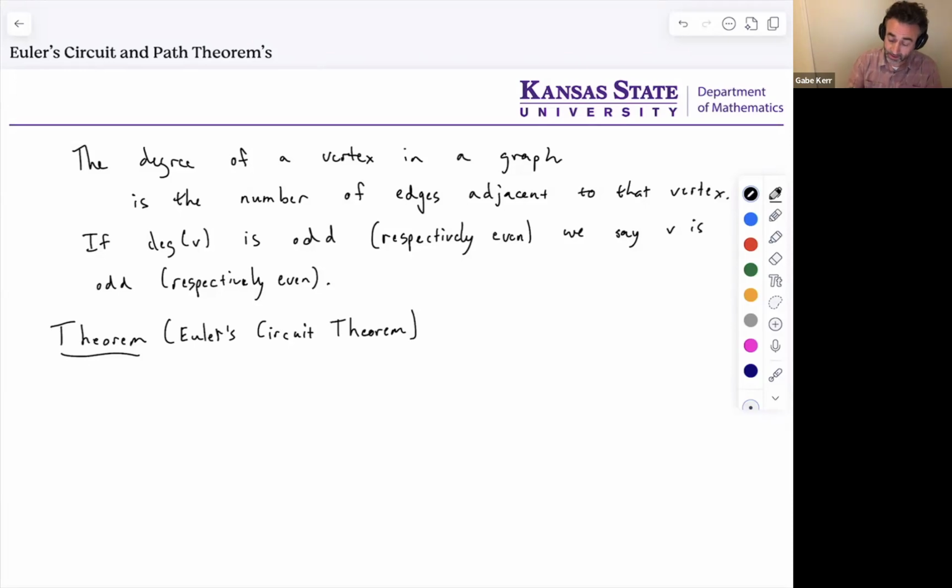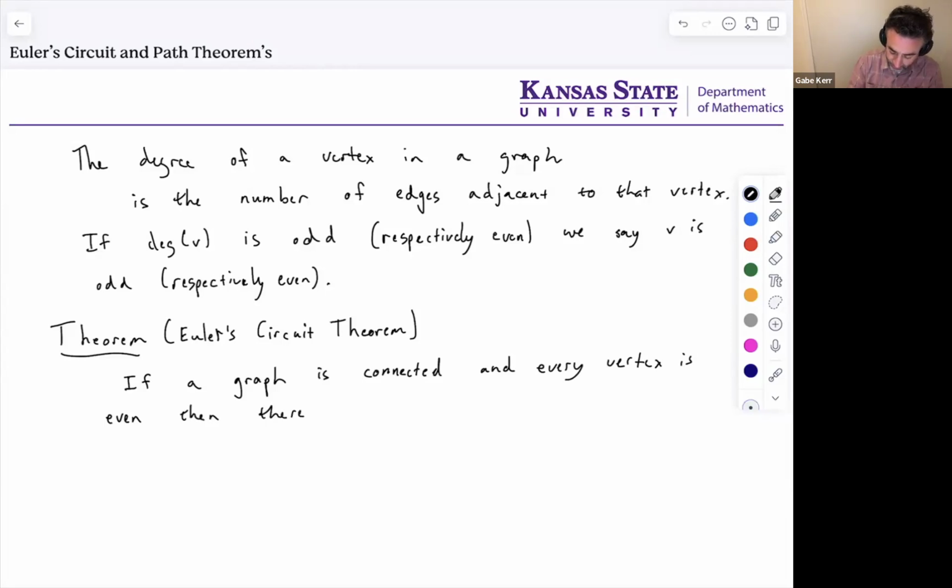It says if a graph is connected, remember that means I can connect any two vertices by some kind of path, and every vertex has even degree, then there is an Euler circuit.